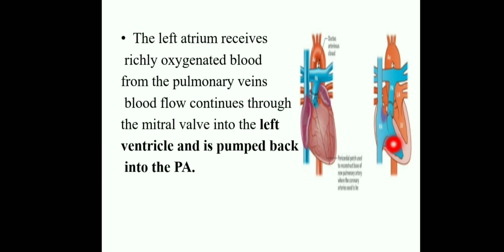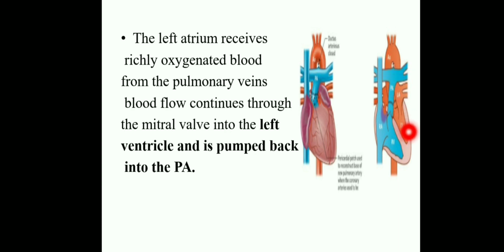It enters the right ventricle. When the ventricle contracts, that deoxygenated blood enters the pulmonary artery. That is the normal process. But in this condition, what happened? The pulmonary artery is not there on the right side of the heart, that is the right ventricle. Here the aorta is there. So this blood goes through the aorta.